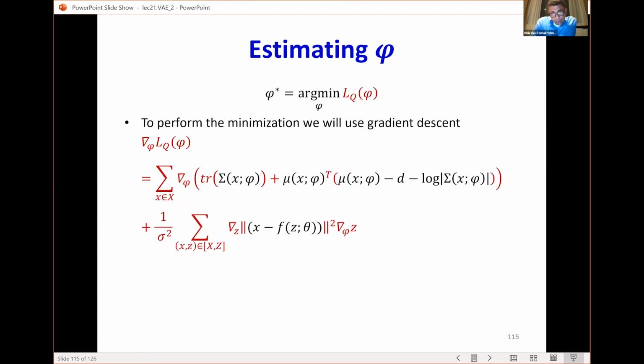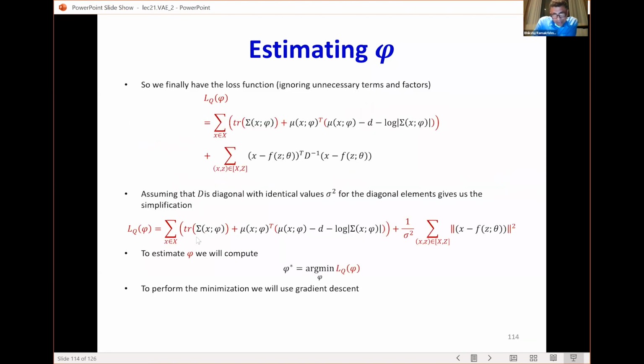But basically what I want to point out is that we can come up with a loss term that we would minimize to minimize the error between Q and the posterior probability of Z given X. And that loss term is going to be this guy here.